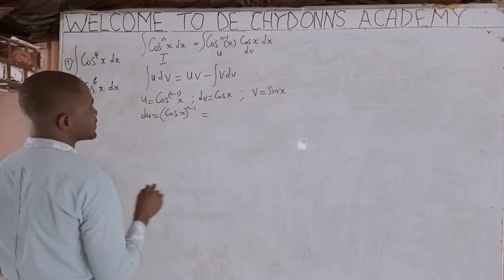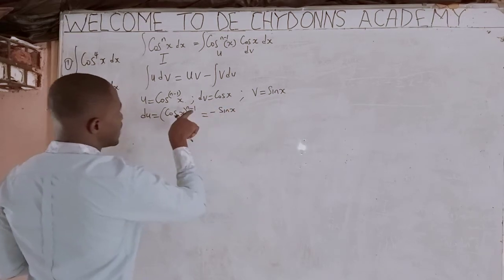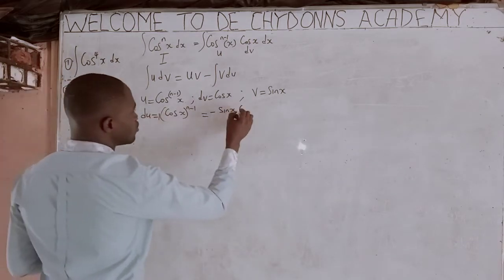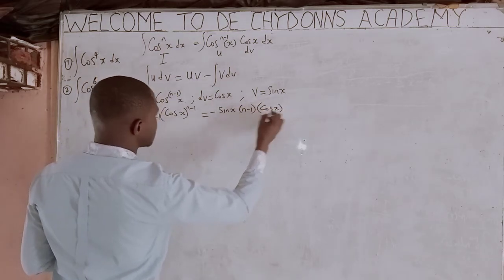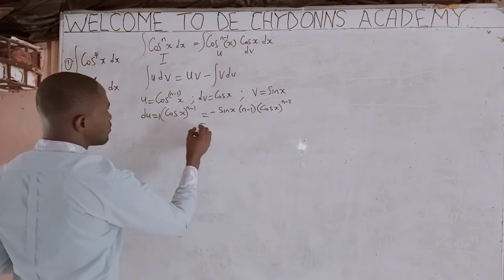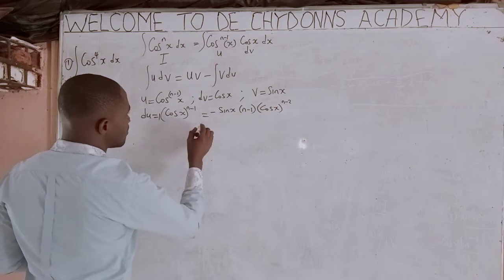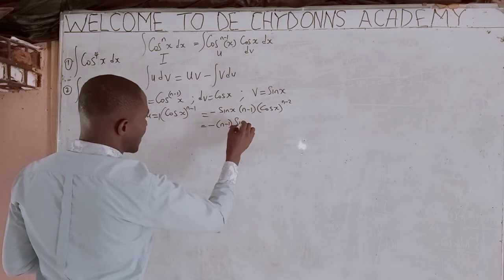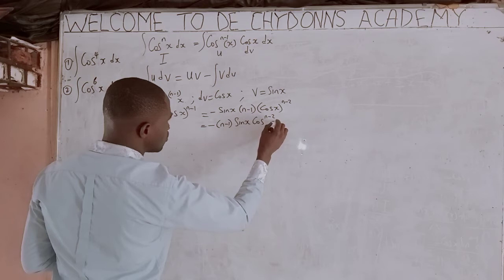Differentiate cos x, that is minus sin x. Then carry n minus 1, multiply by cos x raised to n minus 1 minus 1, that is n minus 2. This will give me minus n minus 1 sin x cos n minus 2 x.